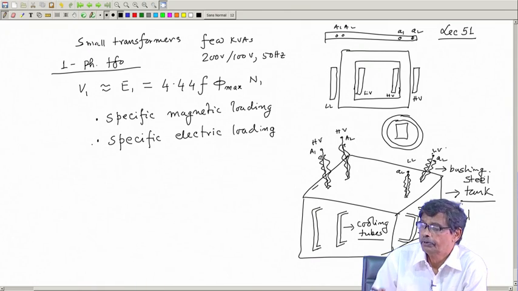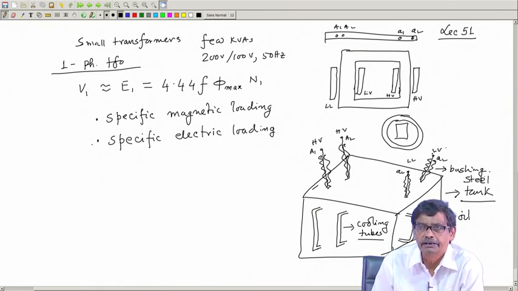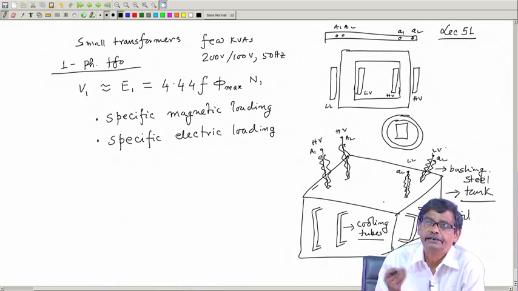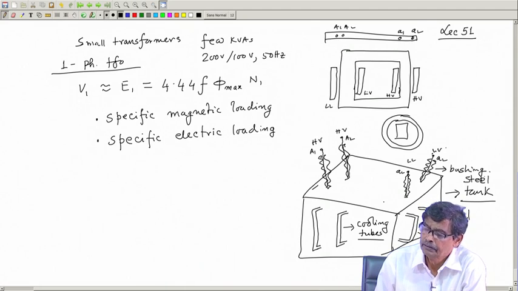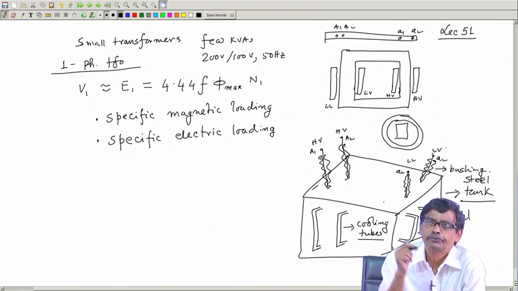You know, when a transformer will be operating and hopefully it is operating at full load condition, both copper loss and core loss will take place and it will raise the temperature of the whole thing. Okay. And suppose a transformer is now at room temperature, you have switched on and the transformer is operating at full load.